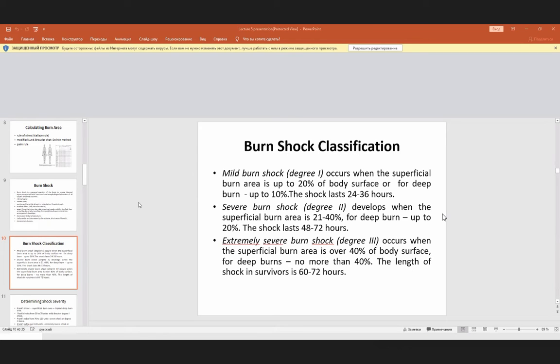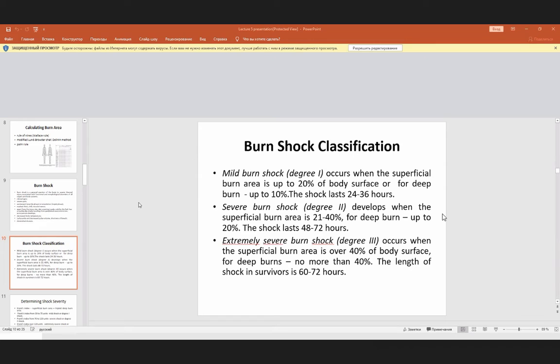Mild burn shock, degree 1, occurs when the burn area is up to 20% of the body surface, or for deep burn up to 10%. The shock lasts 24 to 36 hours. If timely treated, the prognosis is favorable.